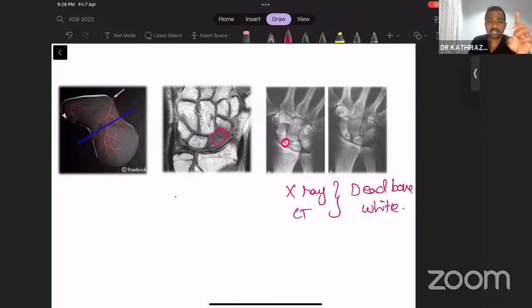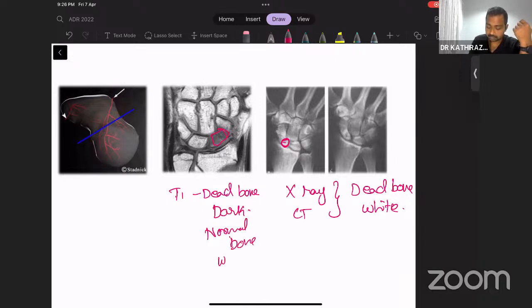In a T1 weighted MRI, dead bone will look dark, because normal bone is white. Right?